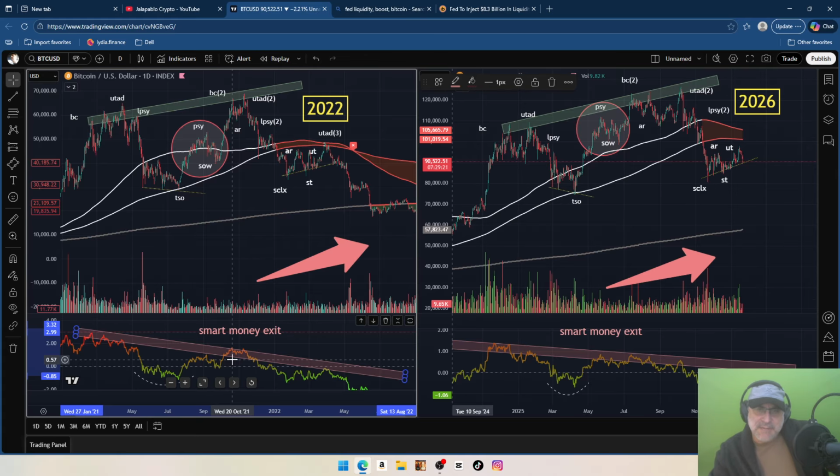When smart money or institutional investors purchase Bitcoin, or whales purchase Bitcoin, they hodl them, and it begins to accumulate time.